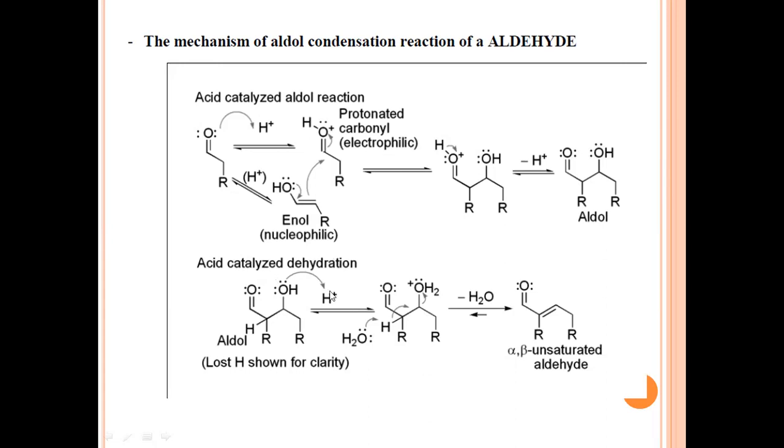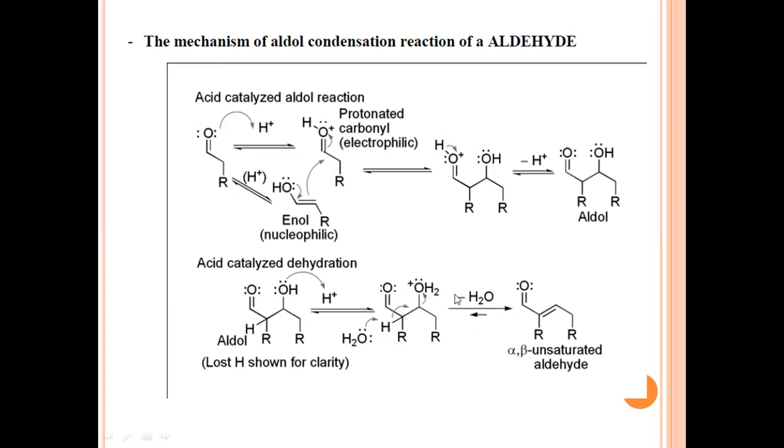It is going to remove a water molecule in the presence of a proton. So this is an electron transfer reaction. See here, this oxygen has a pair of electrons, and it will give its electrons to the hydroxyl functional group.